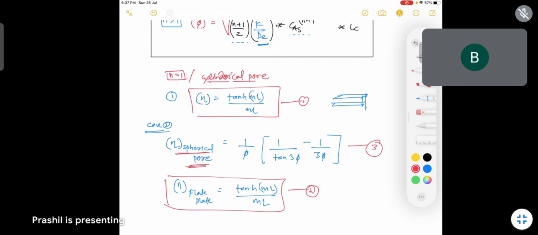When phi is low, phi is less than 0.4. Second is when phi is greater than 4, a high value. Then the third case, when resistances are comparable.